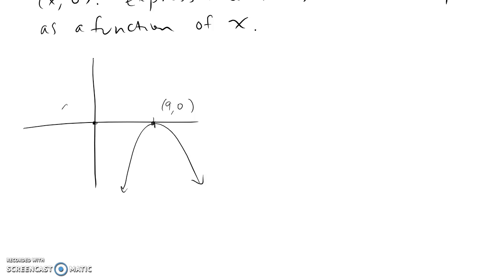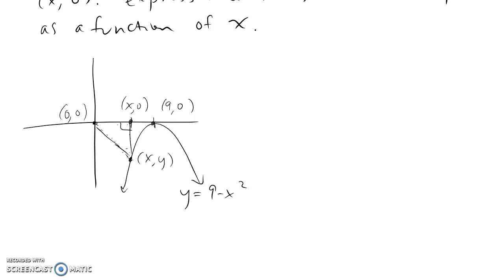We have a right triangle with one vertex at the origin, one at some point on the positive x-axis at x, 0, and another point on the graph of y equals 9 minus x squared at x, y. Notice that the x-coordinates of x, 0 and x, y are the same, which is why they are lined up vertically. And here's our right triangle.